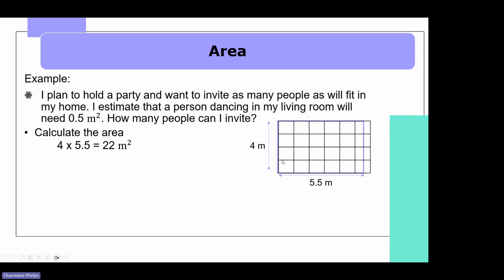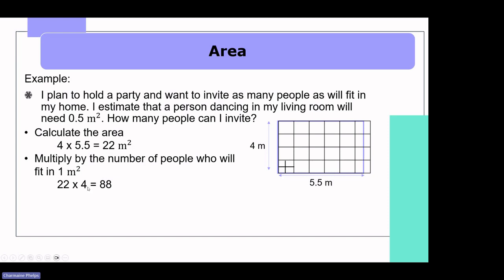But how many people fit in a meter square? In each meter square, because we've got a half meter by a half meter, we're going to fit 4 people in every single square. Okay, so in every meter squared, I'm going to fit 4 people. Therefore, 22 times 4 is 88.